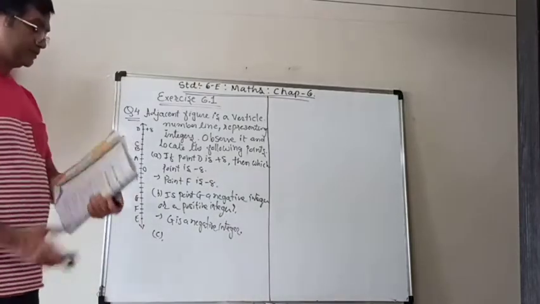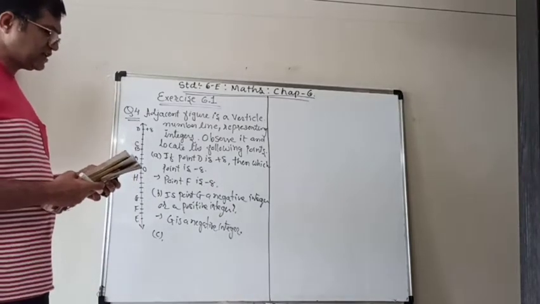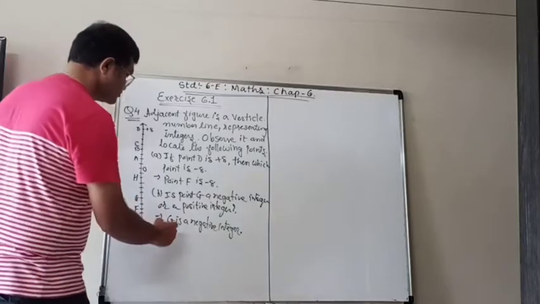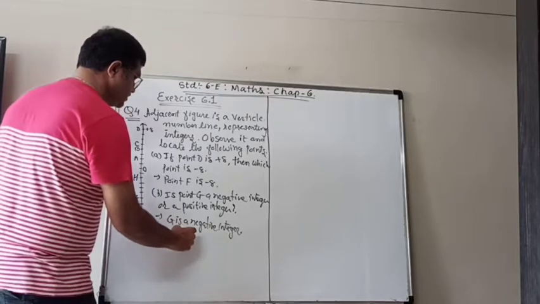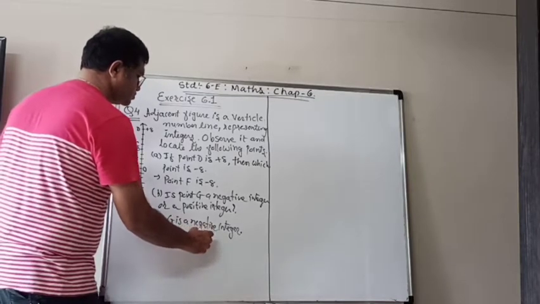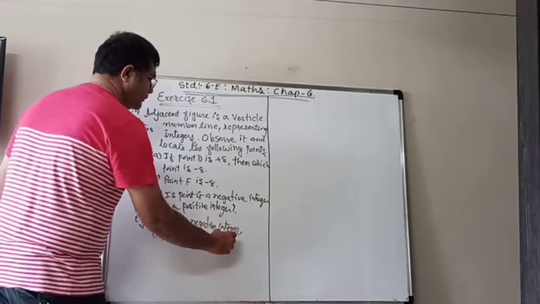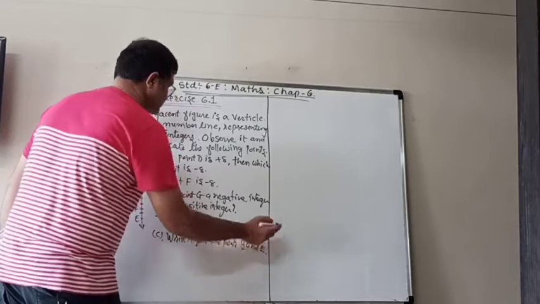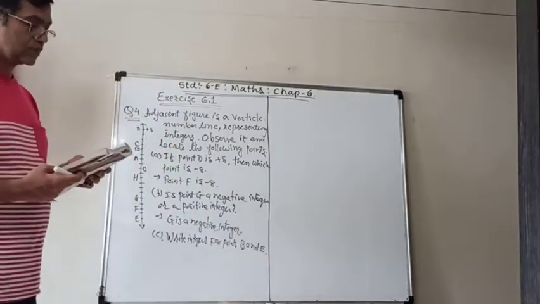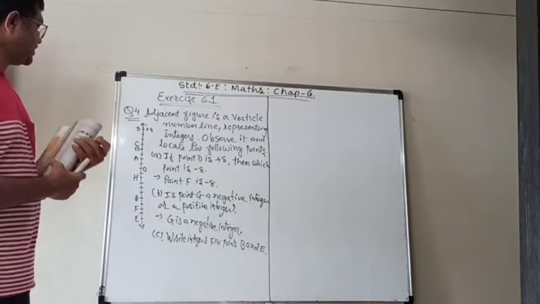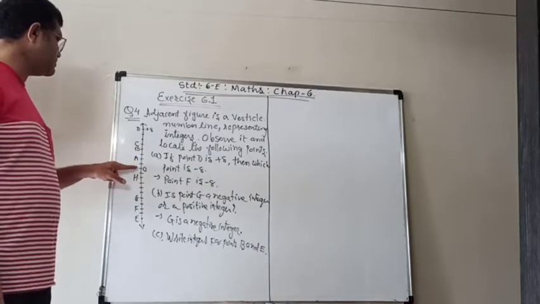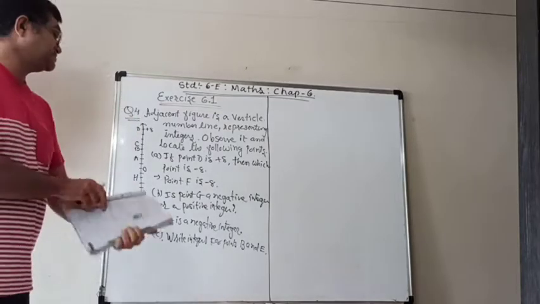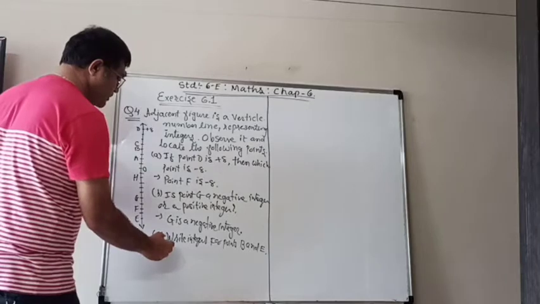Take number 3, see. Write integers for points B and E. Now we see B and E. First we take B. B is on the top side, so it will have a plus sign, meaning it will be a positive integer.